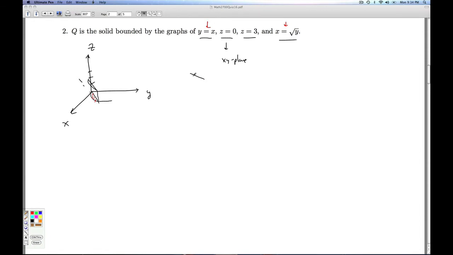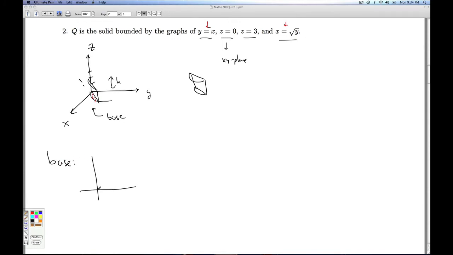So we kind of get a solid that comes from this kind of cylinder here. Okay, so imagine this little piece just moved up and down between z equals 0 and z equals 3. So that tells us that a good base would be the xy plane, and the height then is going to be the z.